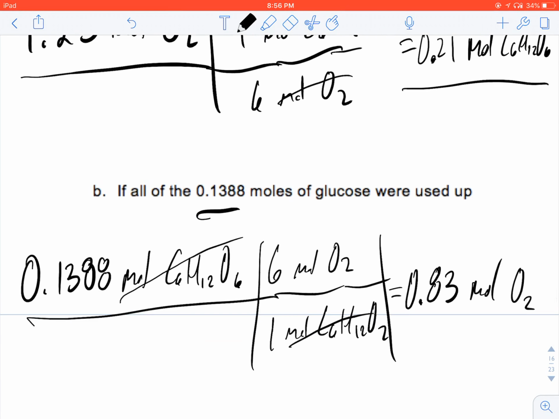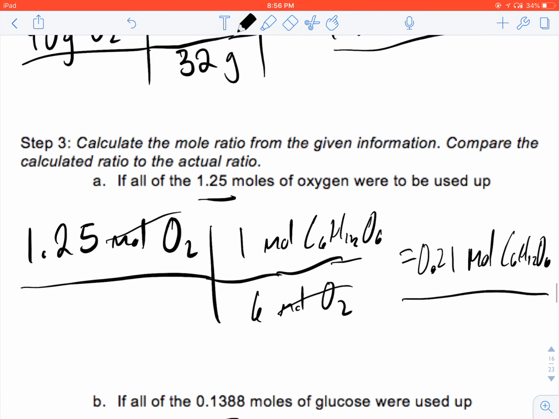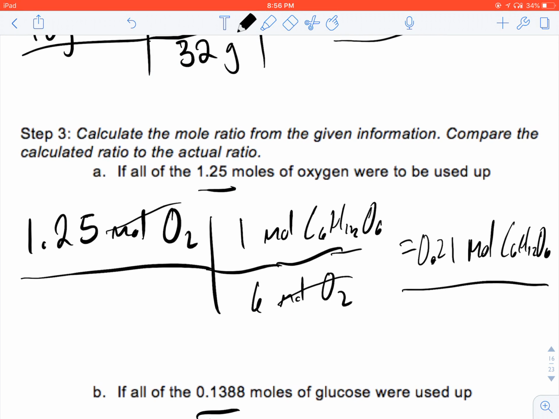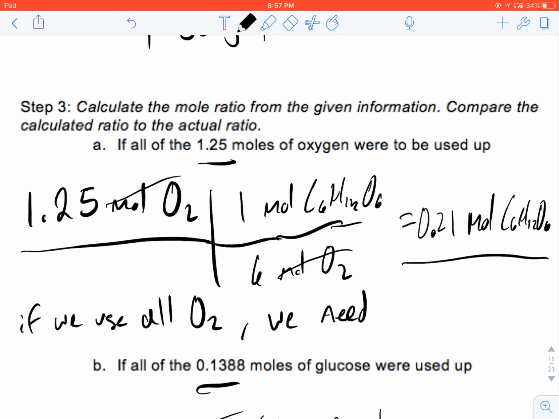So let's just look at what we did here. What we did in this first step is said, if we use all of our O2, we're going to need 0.21 moles of glucose.